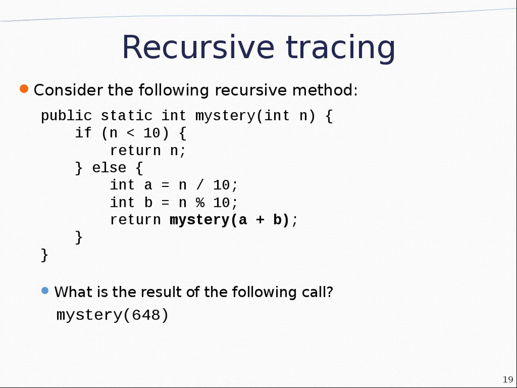Otherwise, we have an else. int a equals n divided by 10, and int b equals n mod 10. And then we return mystery of a plus b.